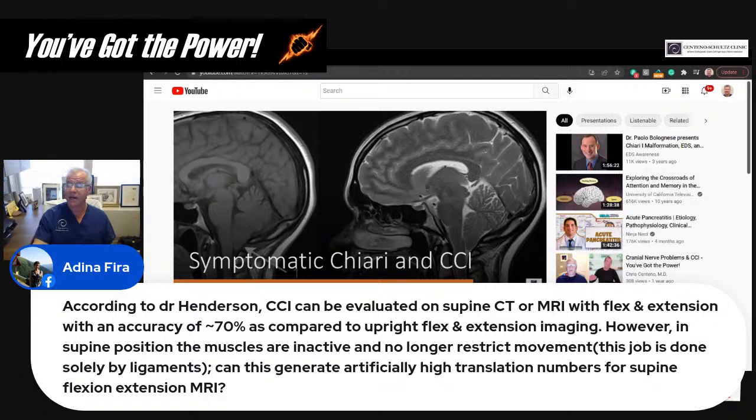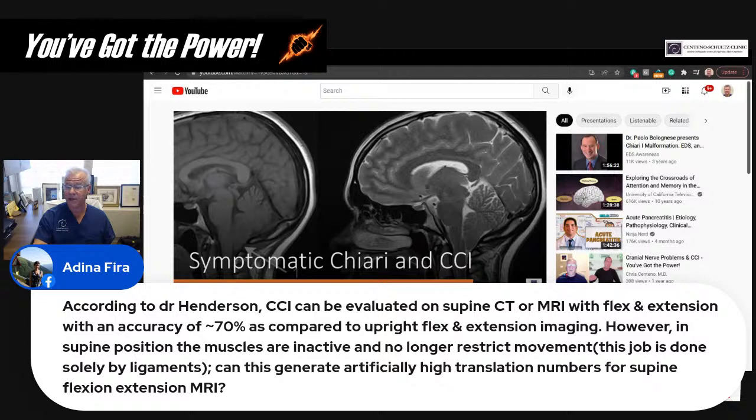As far as getting to a diagnosis of CCI about 70% of the time on upright MRI, that's not my experience at all. At least CCI that I would treat. But again, my CCI criteria, I think, is stricter than many of the neurosurgeons treating CCI. So we can't get there 70% of the time on upright imaging.